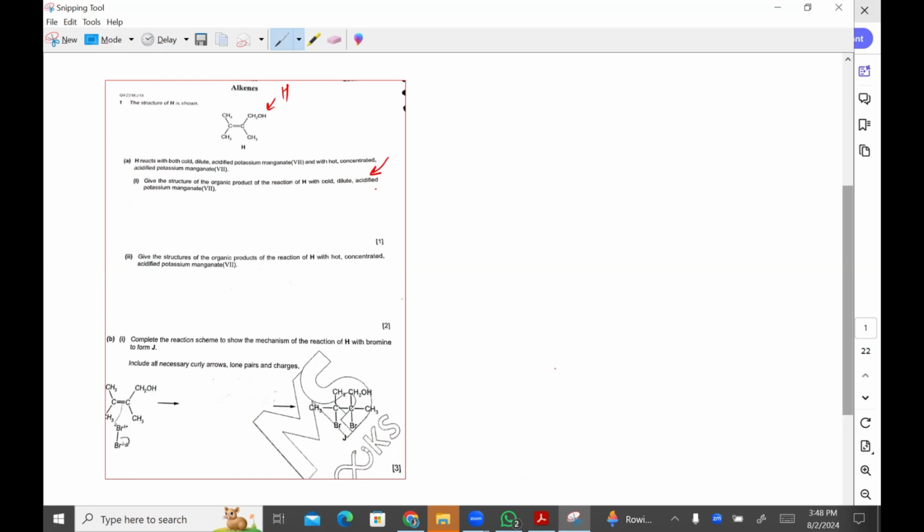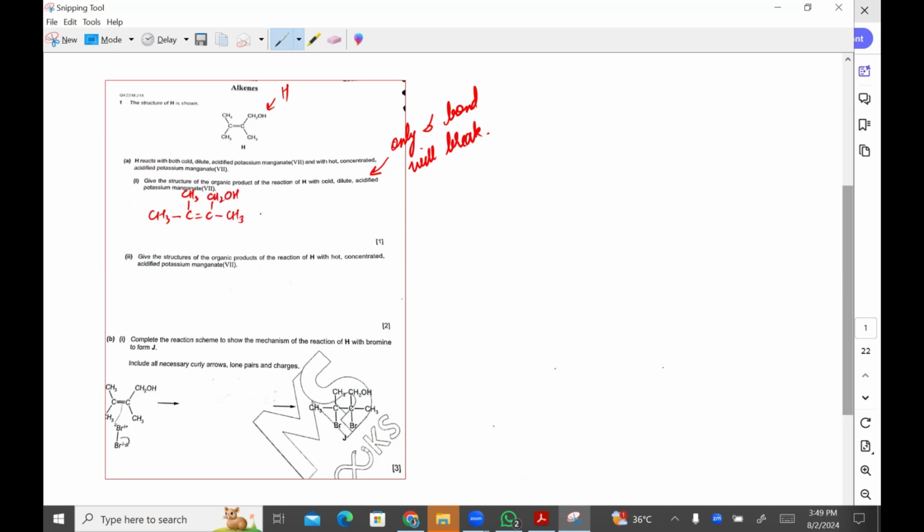I told you only the pi bond will break here. What is going to happen, Sultan, here? That C double bond C, this is CH3, and this is CH3, and this is CH3, and this is CH2OH.